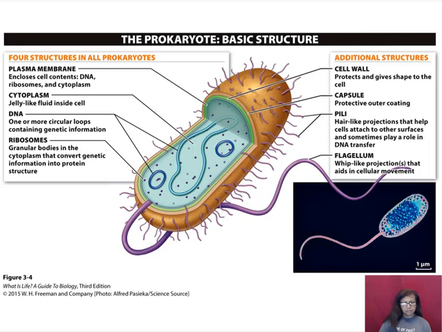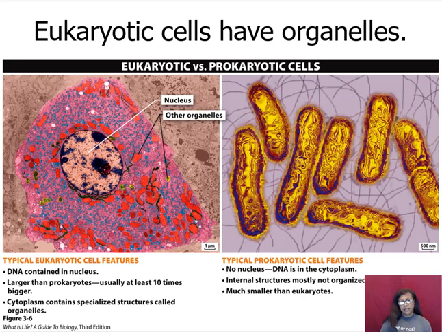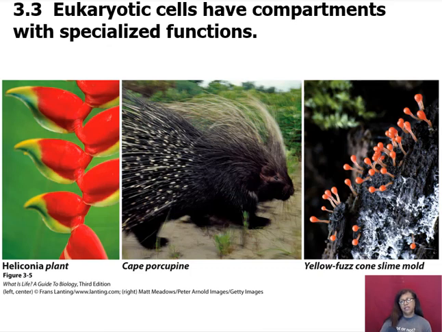let's carry on. But when we look at eukaryotes, the cells that actually make up us, let's take a little step back and take a look at another slide. So eukaryotic cells have these compartments with specialized function, and these compartments are called organelles. We're going to learn more about the organelles, and you need to know the organelles, okay?